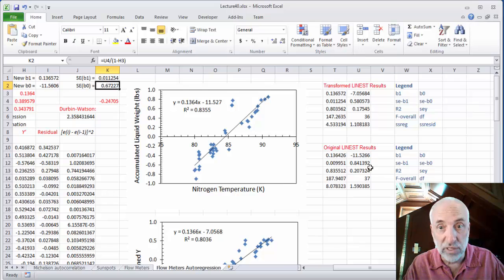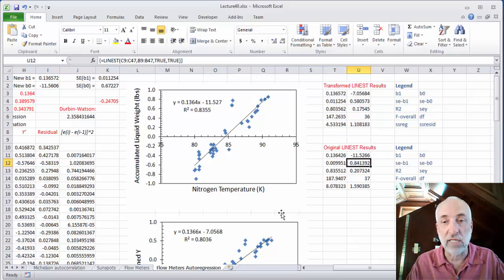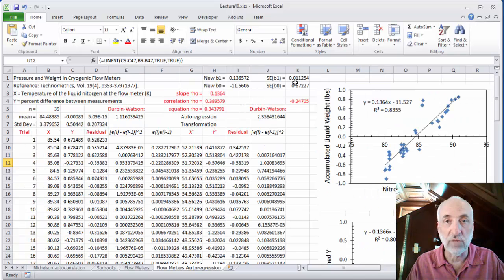And in particular, we see a little bit of a difference, a little bit larger standard error for the slope than we had originally, but a smaller standard error for the intercept than we had originally. So these are going to be better estimates of the standard errors, and therefore we'll have better estimates of the confidence intervals. Now, once we've done this transformation, we can get a whole new set of residuals here.